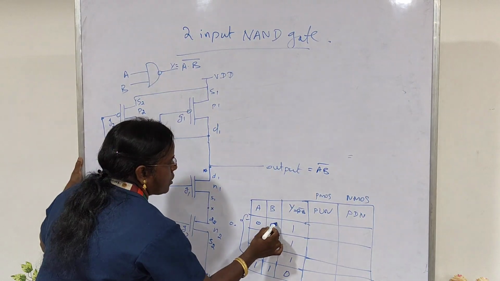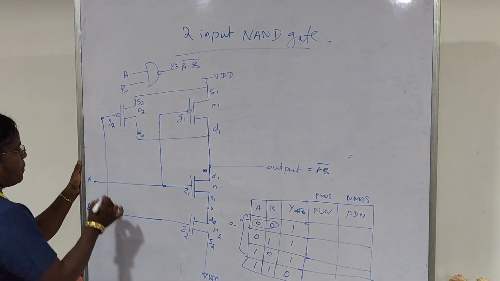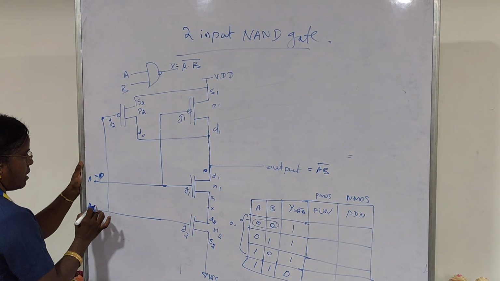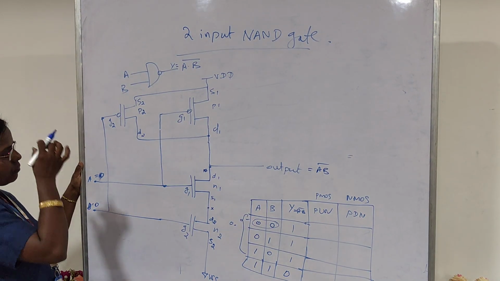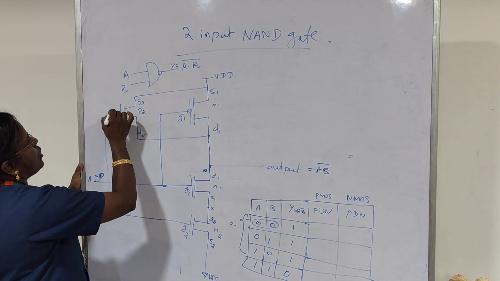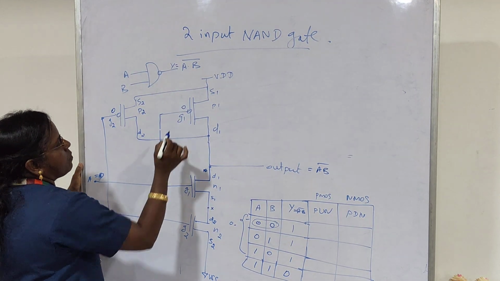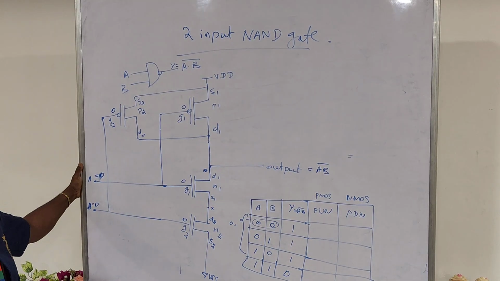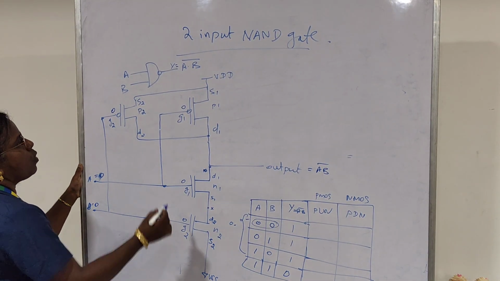Take this input condition 0, 0. That means my input variable A is 0 and the input variable B is 0. So for this condition, for all the transistors, the gate input becomes 0.